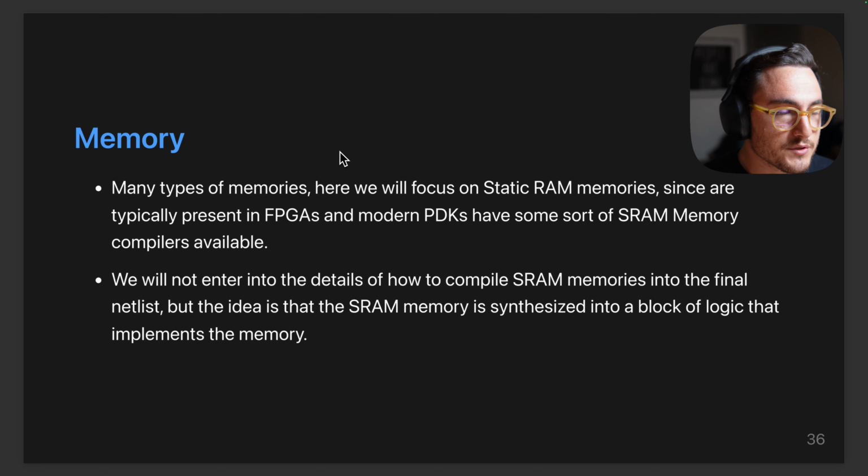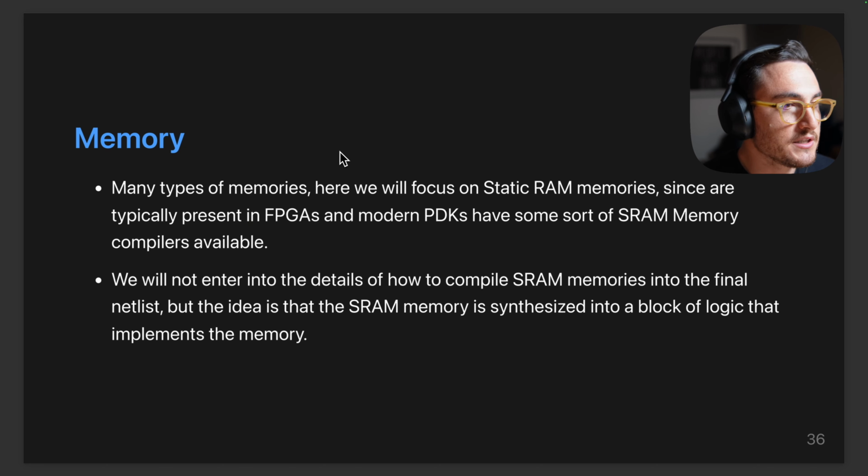But the reason why we'll focus on this is they are the most typical memory that you can find in FPGAs, where Xilinx calls them block RAMs or ultra RAMs, or in modern PDKs. And typically modern PDKs have some sort of Python scripts with which you can generate memories, and they call it a memory compiler.